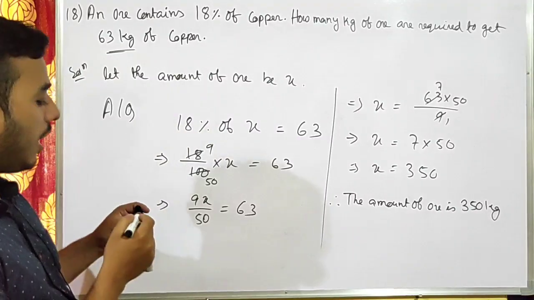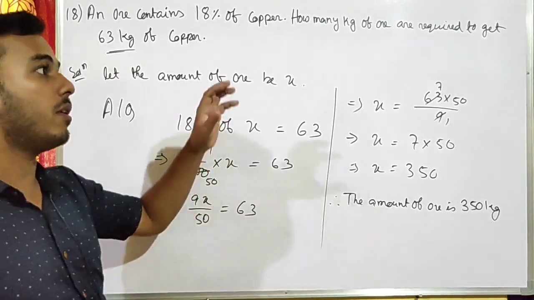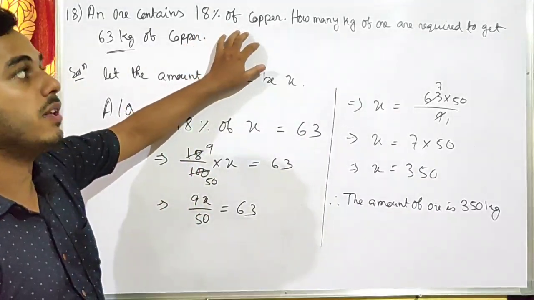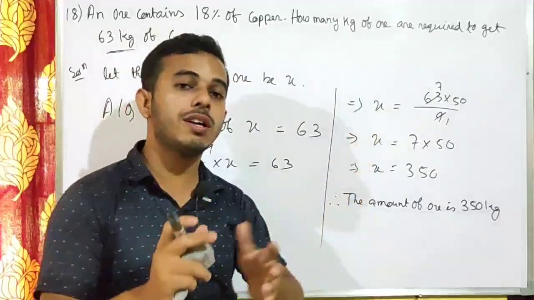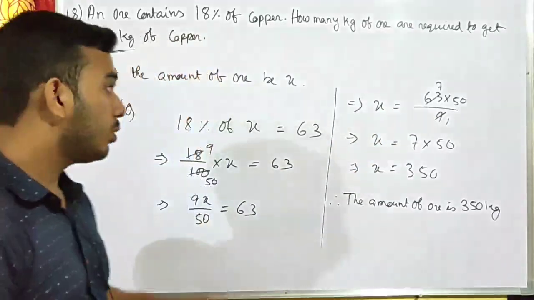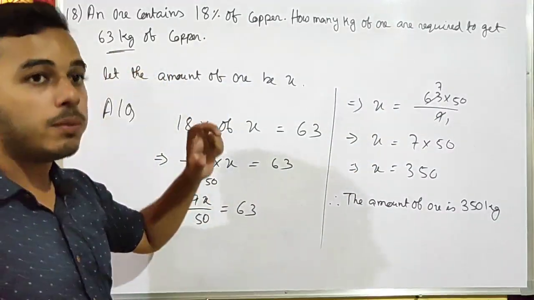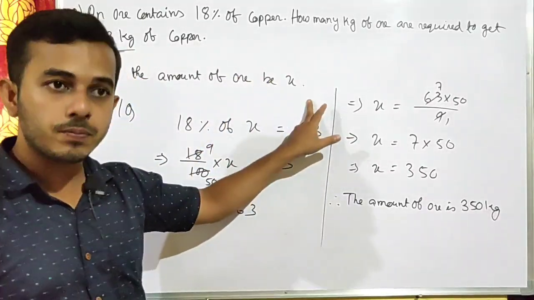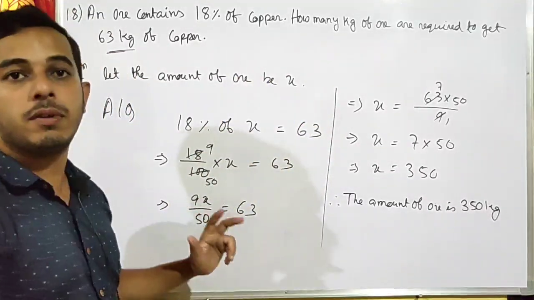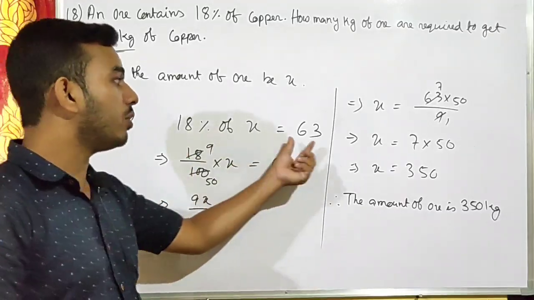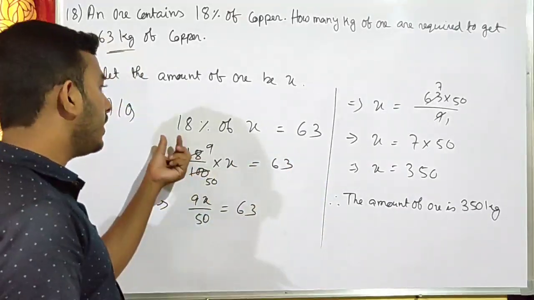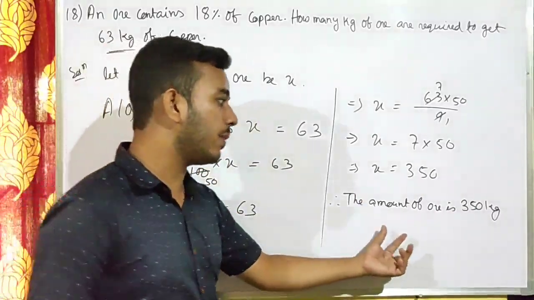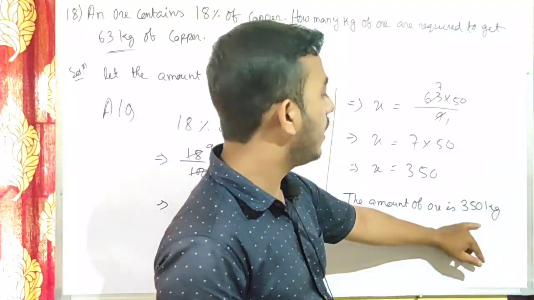The question says an ore contains 18% of copper. We want to know how many kg of ore are needed to get 63 kg of copper. We don't know it, so we let the amount of ore be x. 18% of x is 63. We solved this and got the amount of ore as 350 kg.